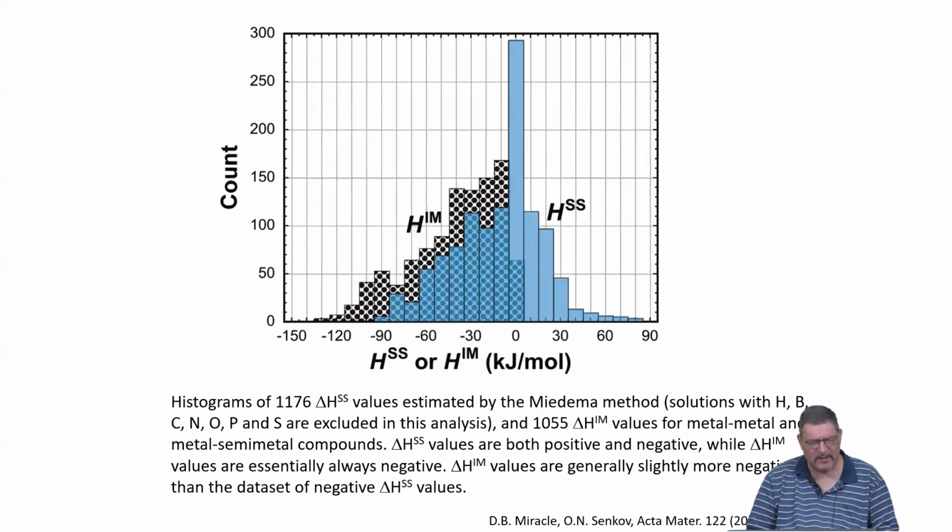Now, when we yesterday were talking about conditions for selecting elements to bring together, to mix in an alloy to make a high entropy system, we were talking first about these delta values for the mixing enthalpy of the solid solution, delta HSS.